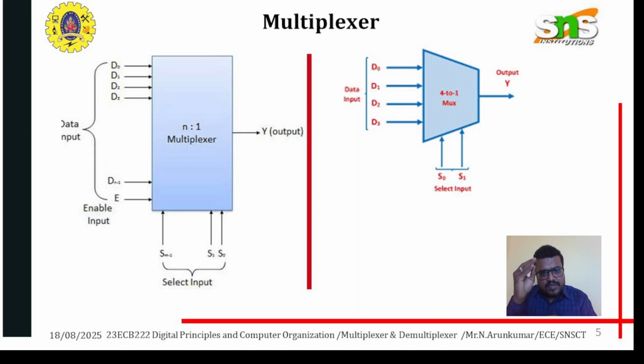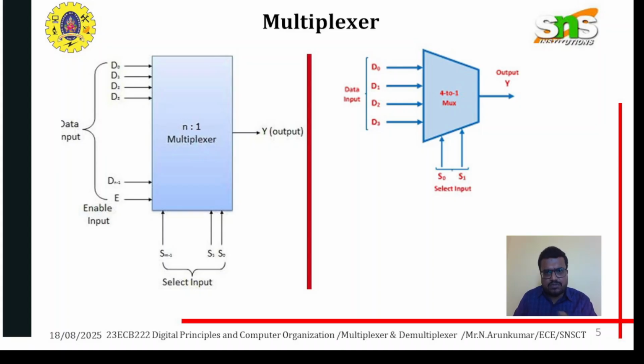And the enable input E is given for both input signals, 0 or 1, and the selection lines also act on these input terminals. Here the selector lines are S n minus 1 for two input variables, S0 and S1 are taken. So the common mode of multiplexer has D0, D1, D2, D3 and S0, S1 as the selection lines, and only one output is taken.